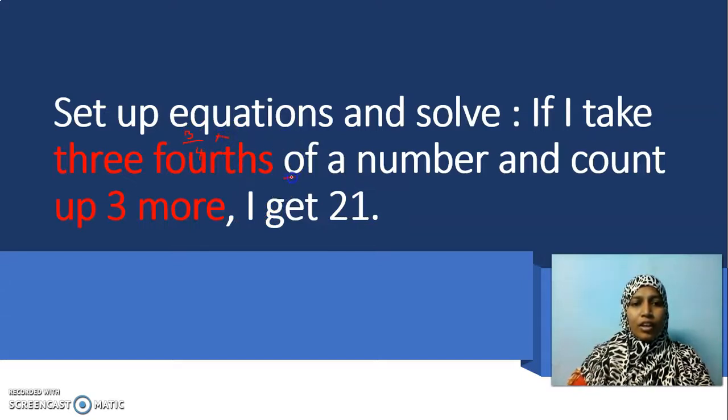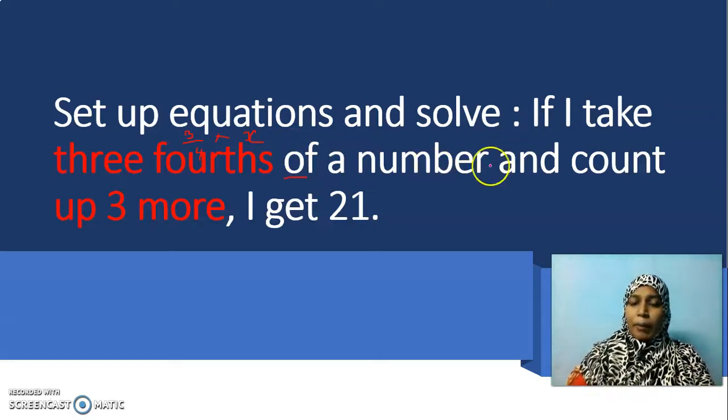We don't know what that number is, so we can substitute the unknown as x. In maths, most of the time we use the letter x for the unknown. You can use any variable like y, n, m, any variable.